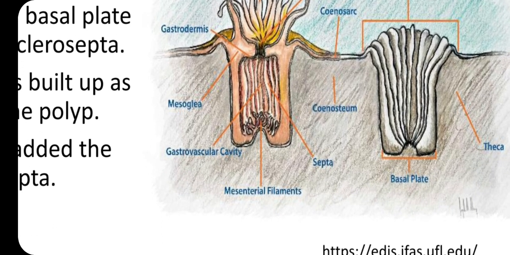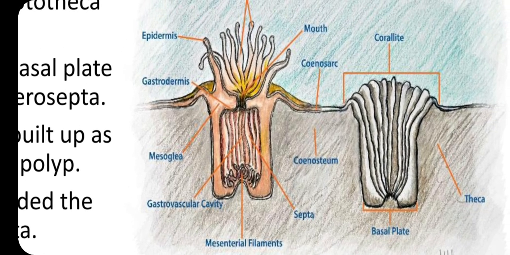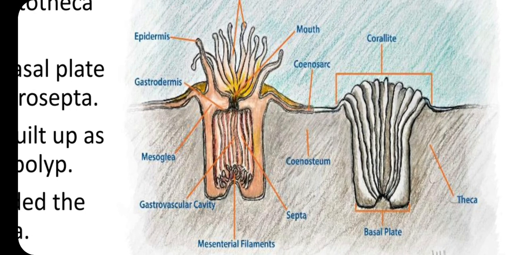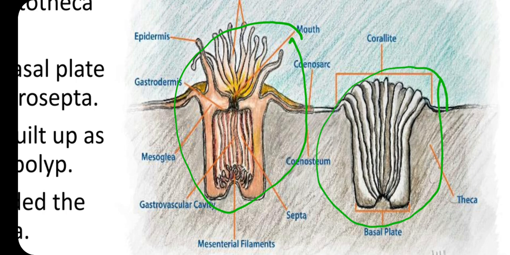So this is one, and this is the second one. The first is when the animal is living, and this is when the animal is gone, it is dead. You see the outer wall, the theca, then the basal plate, and these are the sclerosepta.